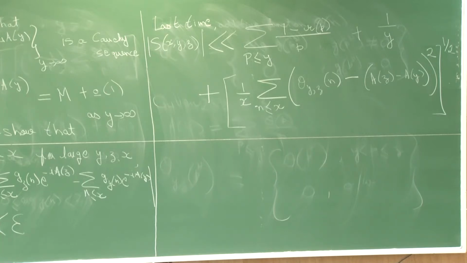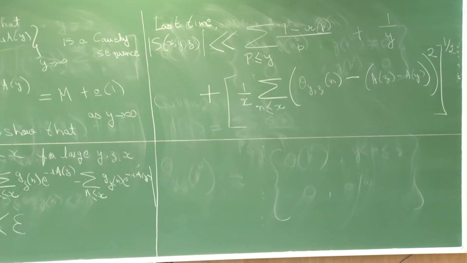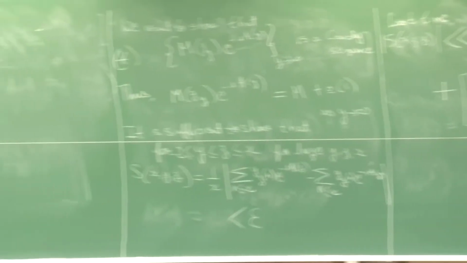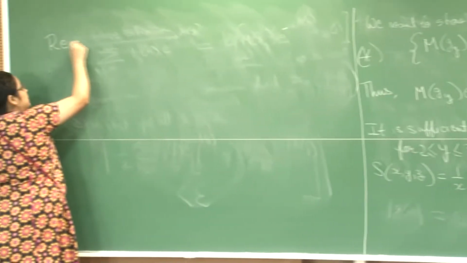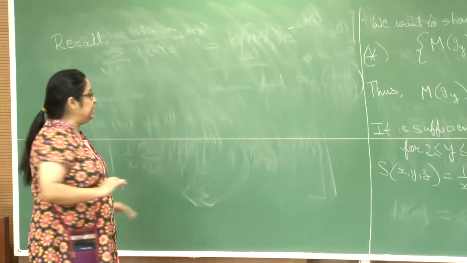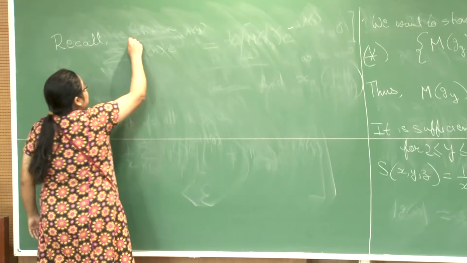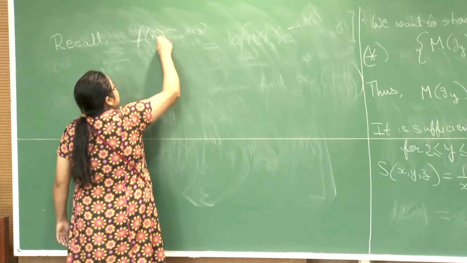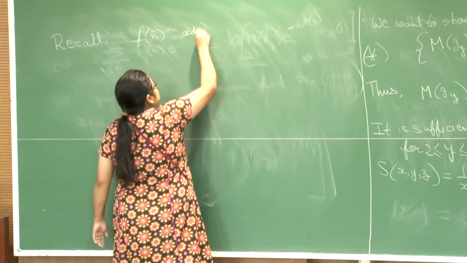in the form as we have seen, and then apply it to this additive function theta sub y comma z of n. So, recall. We write down the inequality and we break it down into smaller terms of the form that we need. So, let us take f of n to be an additive function.